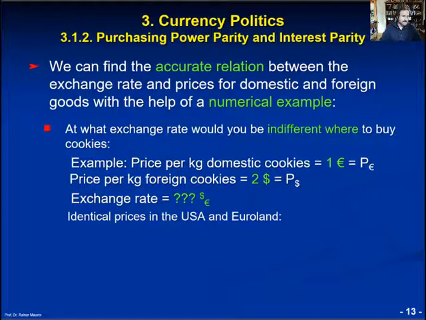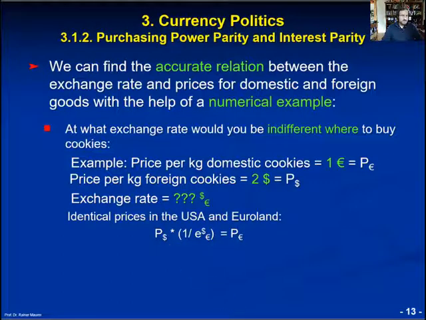How can we find the equilibrium exchange rate? Instead of this numerical trial and error method, we can simply set up an equation that equals the price of cookies measured in euro in the euro area and the dollar area.